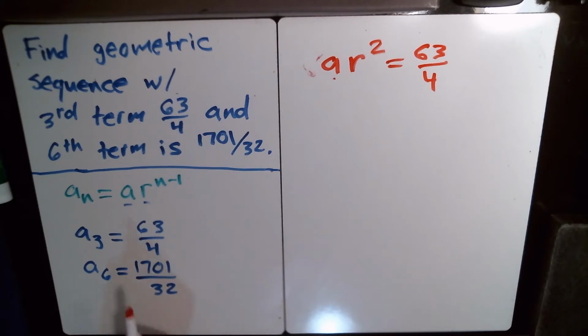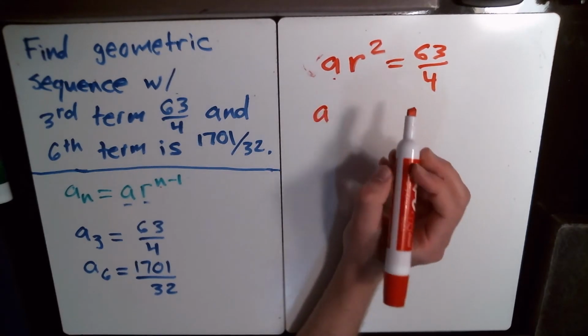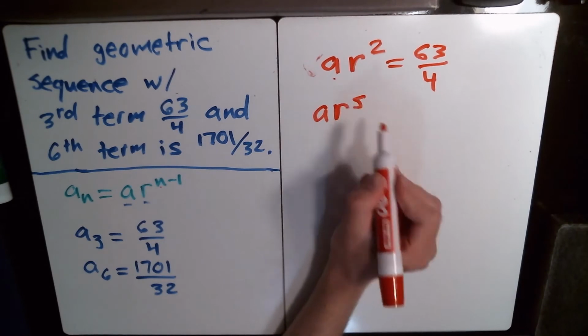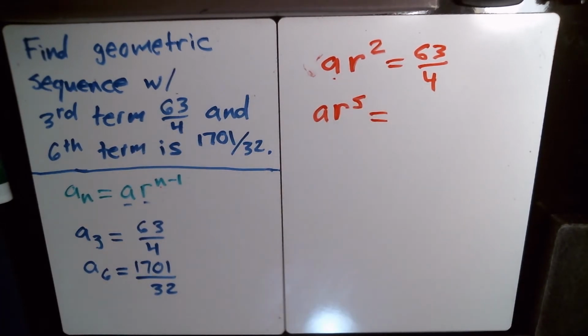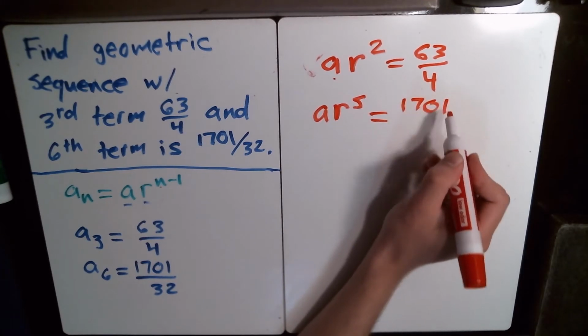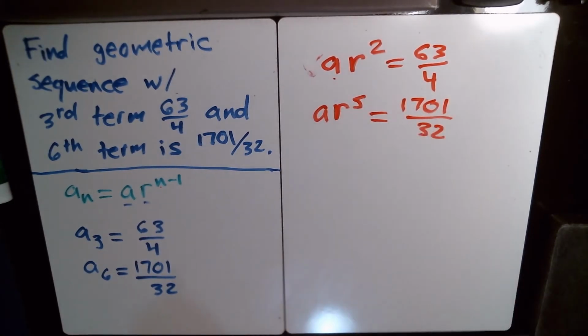We do the same thing with 6. Plug in 6 for n in this equation. We get A times, well, 6 minus 1 is 5, so r to the fifth power is equal to 1701 over 32.